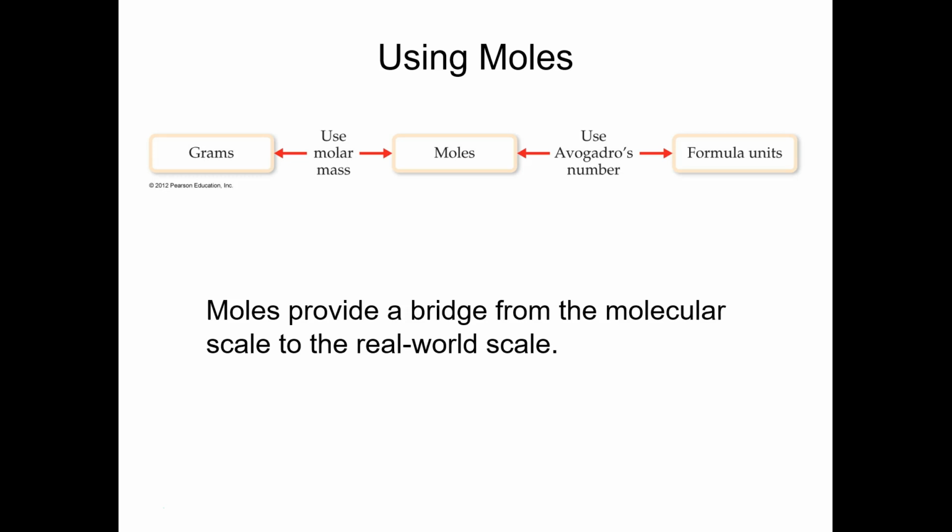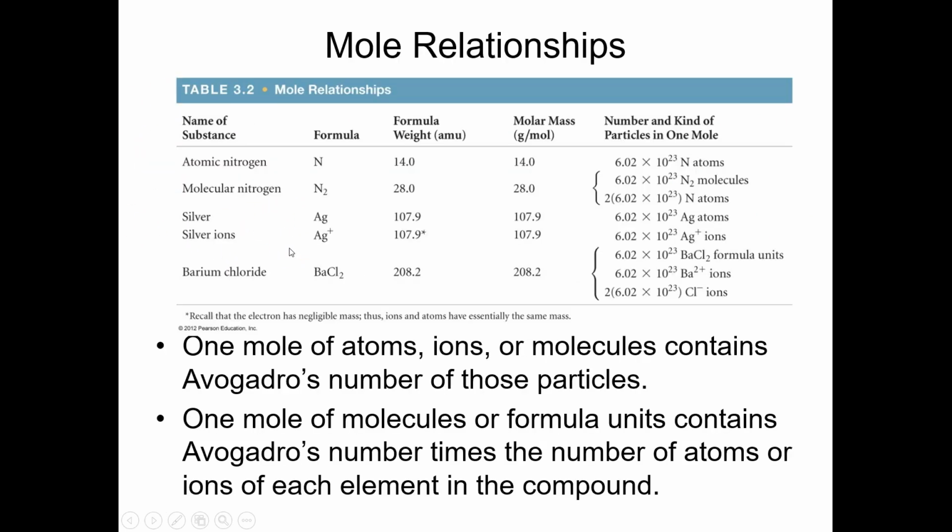So moles here are providing a bridge from the molecular scale, that is the formula unit scale, to the laboratory scale, in which we have things in grams. And so here are some examples. An atom of nitrogen weighs 14 atomic mass units.